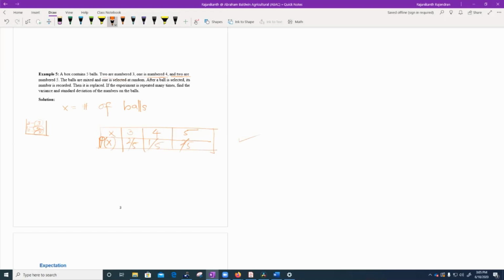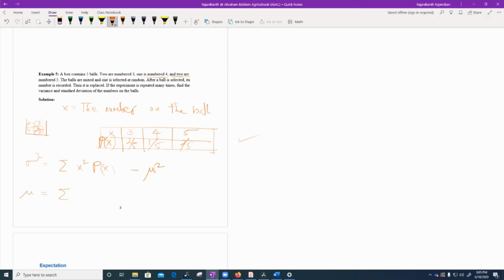Okay, so if you want to find the variance of this number, this should be the number on the ball. So let me change that. The variance formula is given by the sum of the data value squared times the corresponding probability, then subtract mu squared. So let us first find mu.